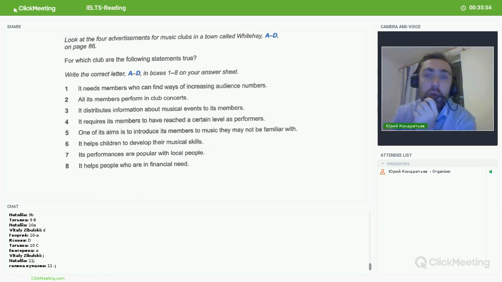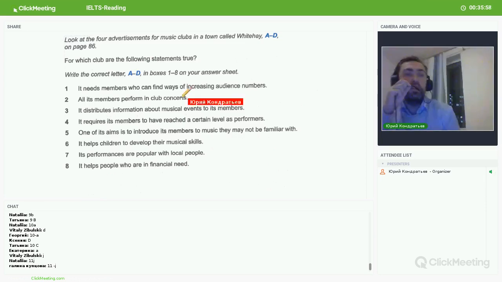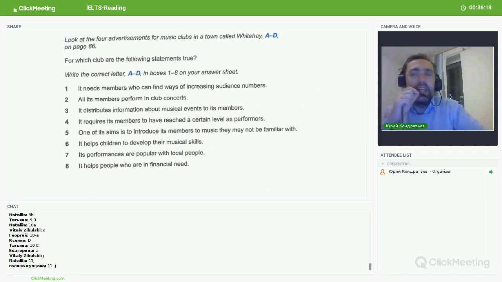Okay, so what we do, even before reading the text, is find keywords in the question, and then find these keywords in the text. A lot of IELTS tutors and coaches say that you need to underline keywords.